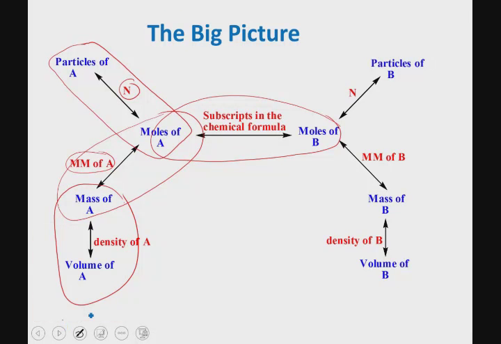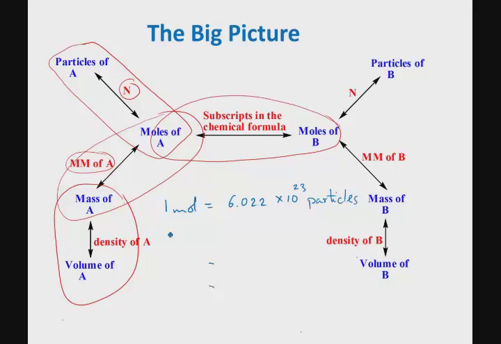Just to rewrite those equations, we know that 1 mole of every substance contains 6.022 times 10 raised to 23, that's Avogadro's number, uppercase N, particles. Do remember that particles can either be atoms, molecules, ions, or formula units, depending on the context.